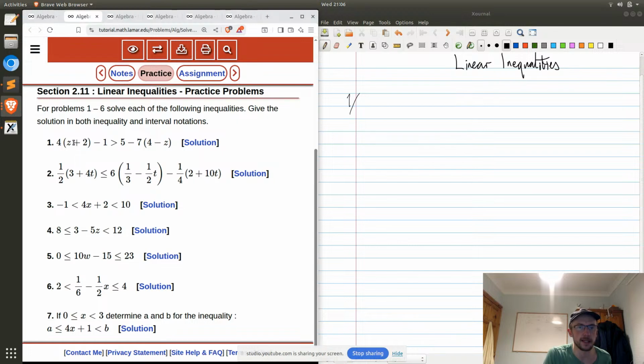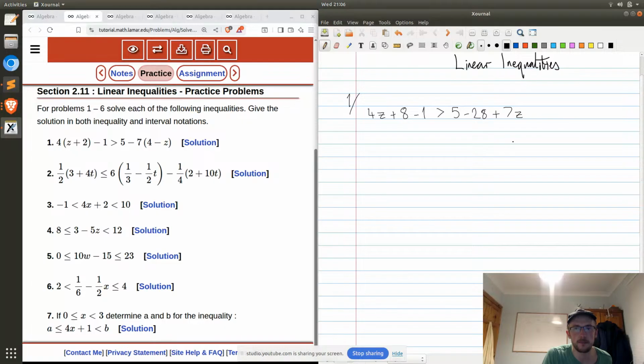So I shall expand on the left and on the right. For z, take plus 8, take 1 is greater than 5, take 28, plus 7z. And now I shall bring all z terms to one side. So it becomes negative 3z.